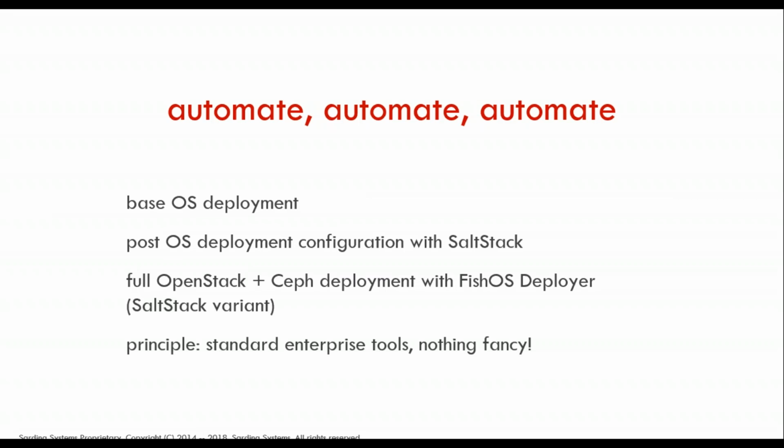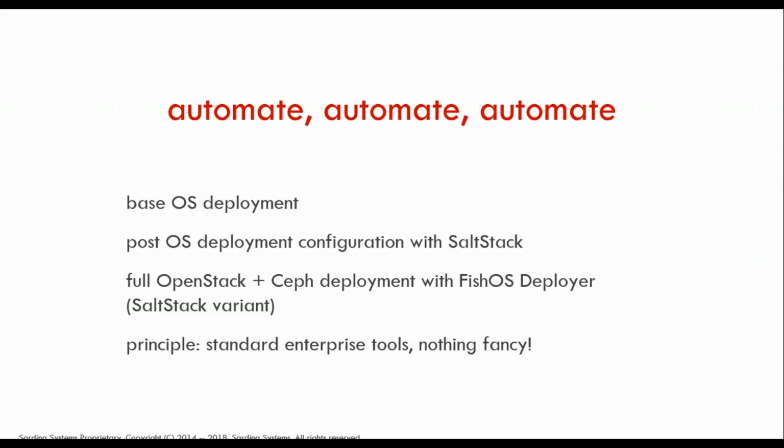So with the view that what we need to do is automate, the base OS deployment is done as part of standard in the organization. Post base OS deployment, there is some system configuration with SaltStack.